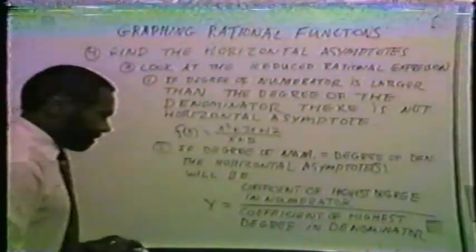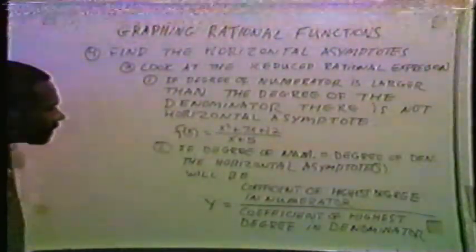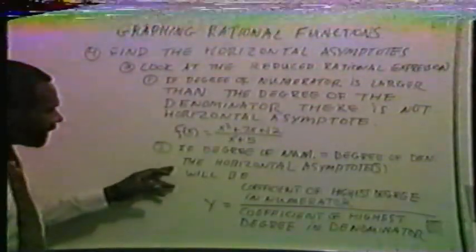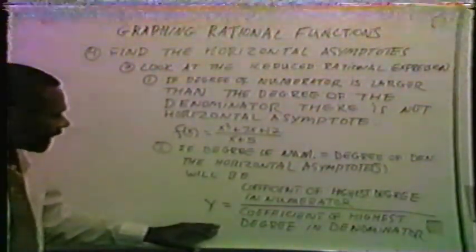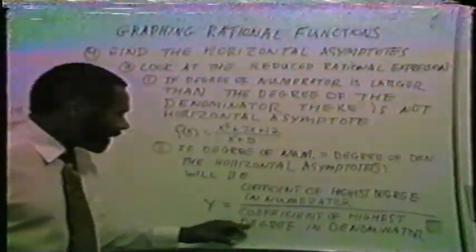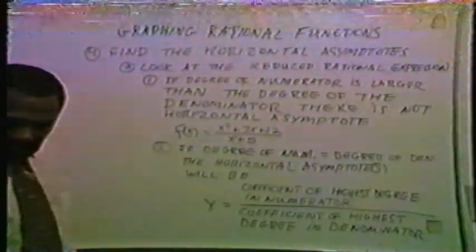Once again, if the degree of the numerator is the same as the degree of the denominator, the horizontal asymptote will be y equals the coefficient of the highest degree term in the numerator divided by the coefficient of the highest degree term in the denominator.